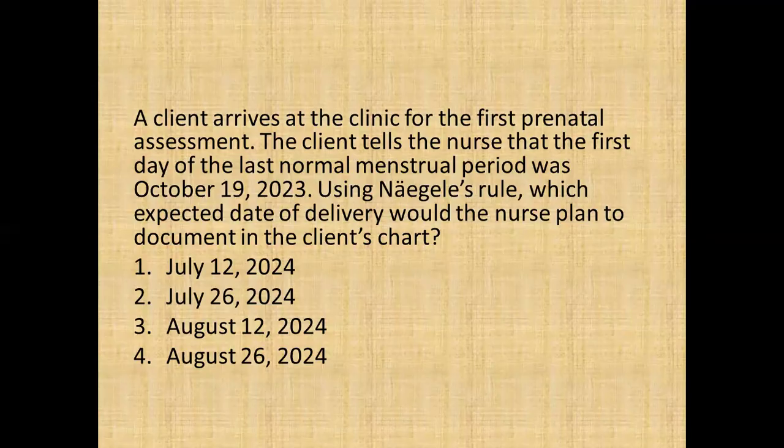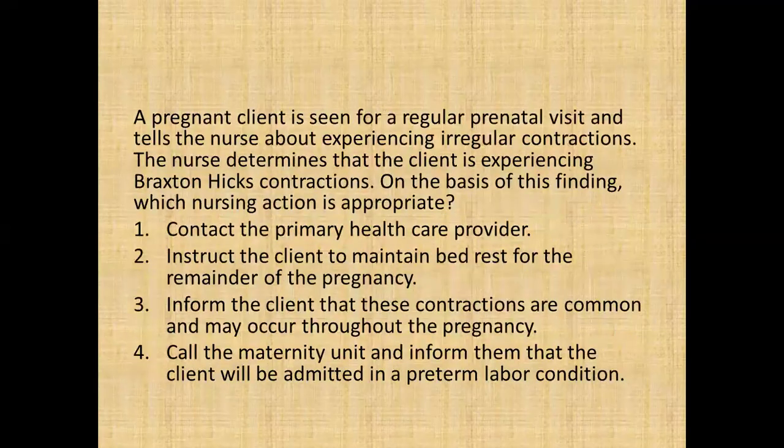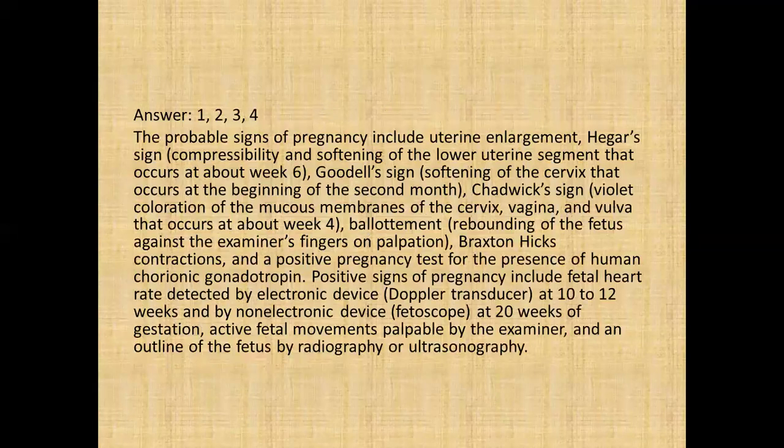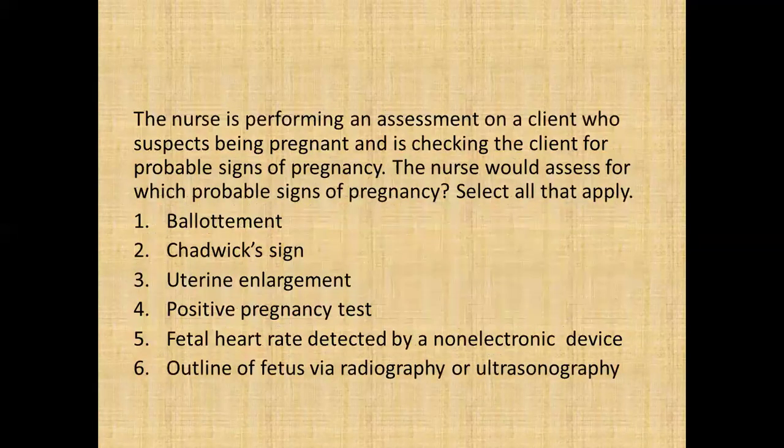Those who are answering, who is taking us through? Hello, please, my network dropped. The first question we had, the probable signs, what was the answer that we chose? The uterine enlargement.